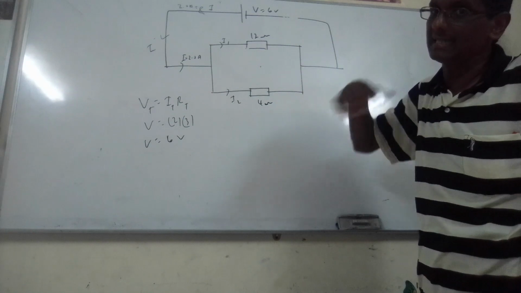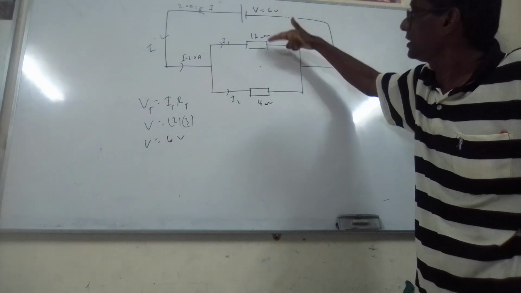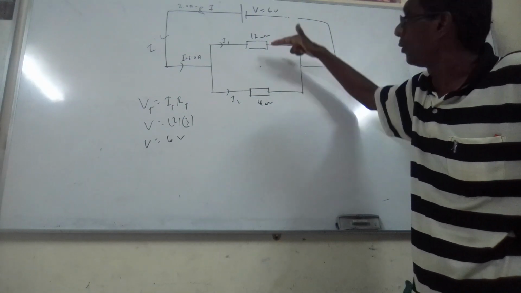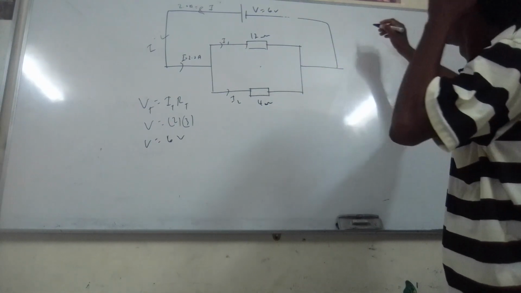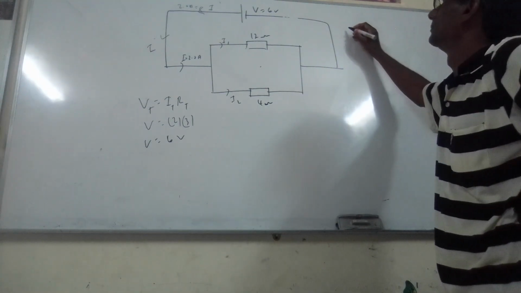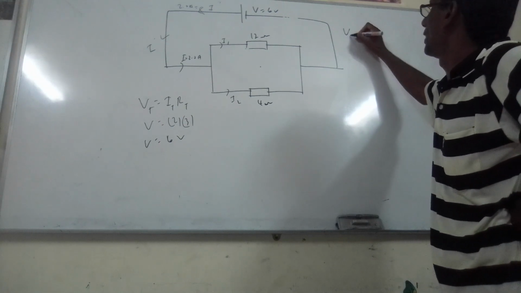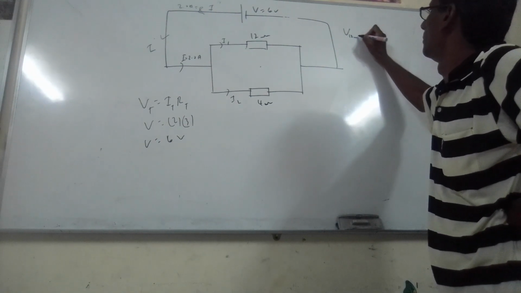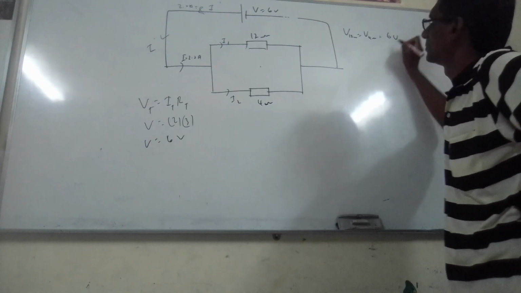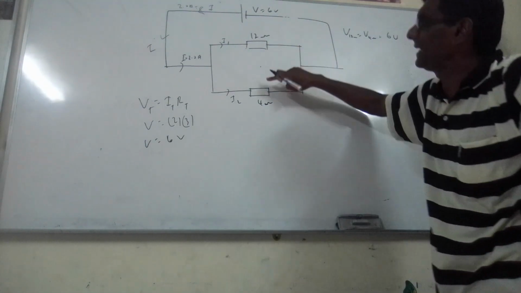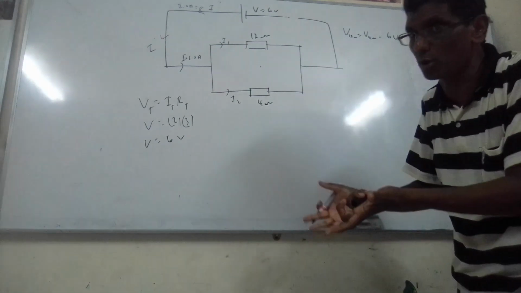For parallel resistors, as we learned before, the voltage here and here must be the same. So V of the 12 ohm and V of the 4 ohm equal 6 volt, because it's parallel only, not combined.